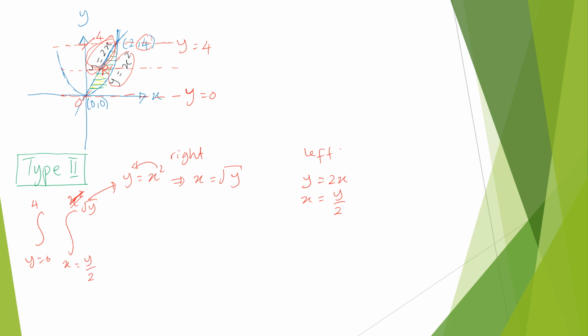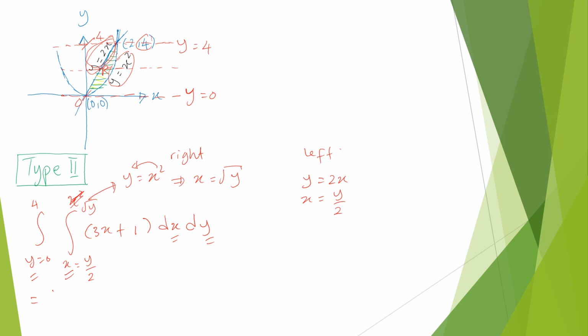The function here is z, or f of x, y, which is 3x plus 1, dx dy. You just integrate this as usual until you get your final answer of 16/3.